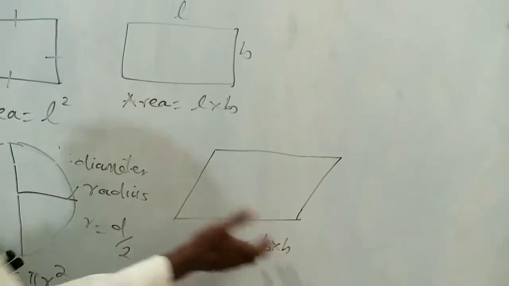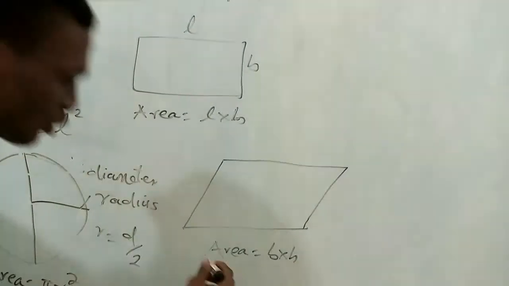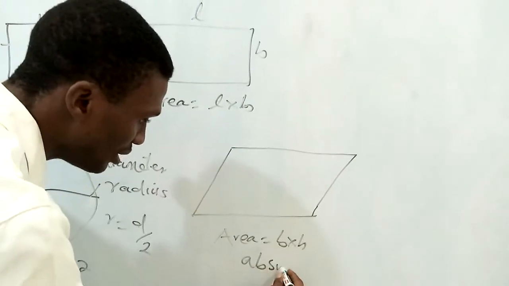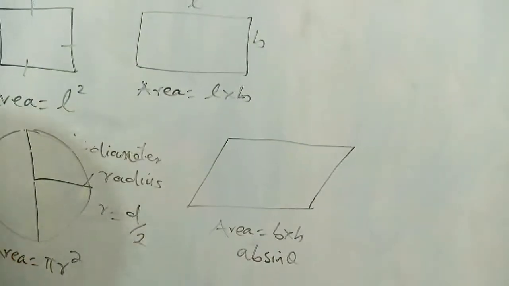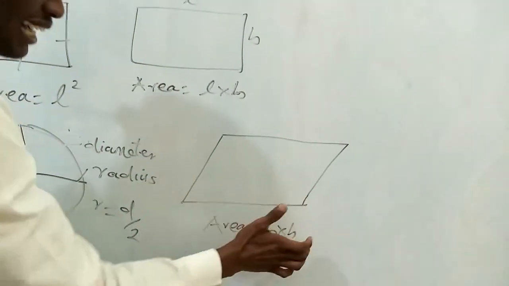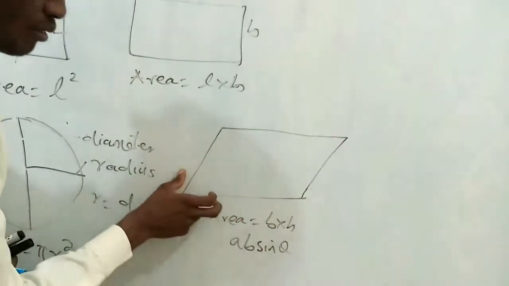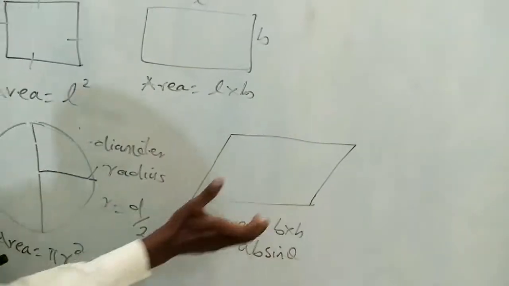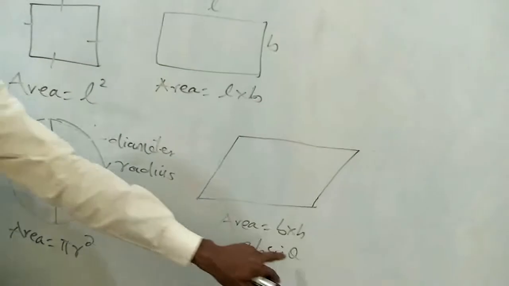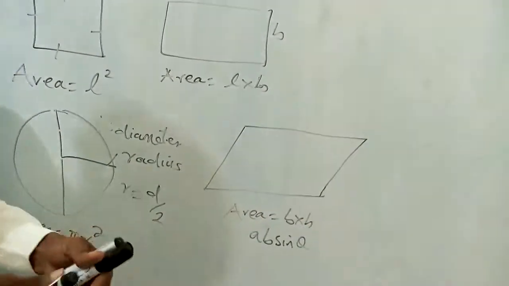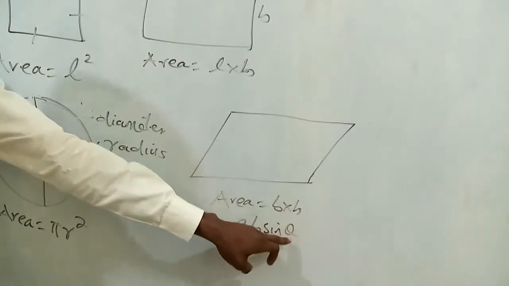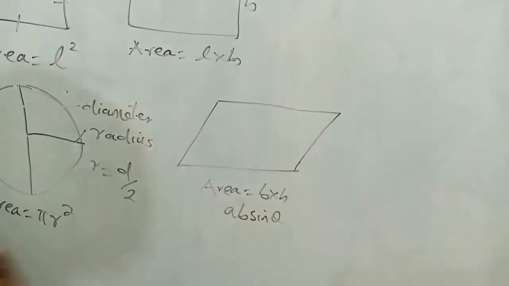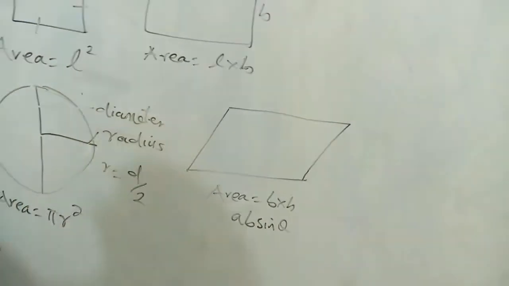But in some cases where the height is not given, you can also use the formula ab sine theta. In a case where the base is given and the height is not given, an angle will be given. So we use either formula depending on the information given. If we have the base and the height, we use the first. If the height is not given, our angle will be given, so we use ab sine theta.